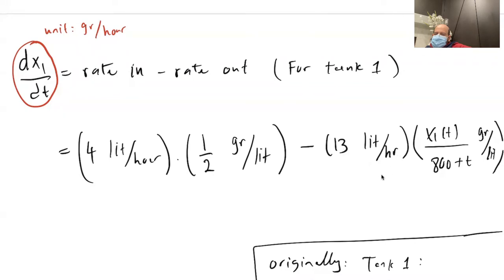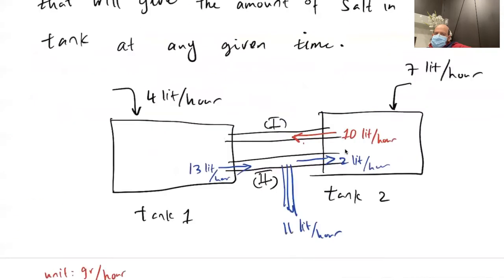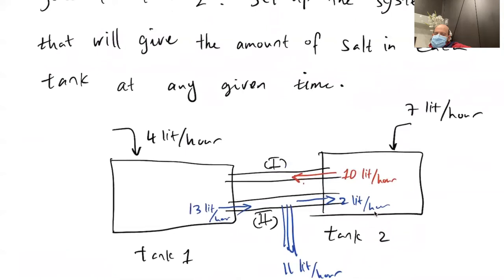What is the concentration of the water that goes out? In order to find the concentration of this water in tank 1, what do I need to know? I need to know the amount of salt at time t in tank 1, which is denoted by x1 of t, and the amount of salt water in liters in tank 1 after t hours, which is what we calculated here.